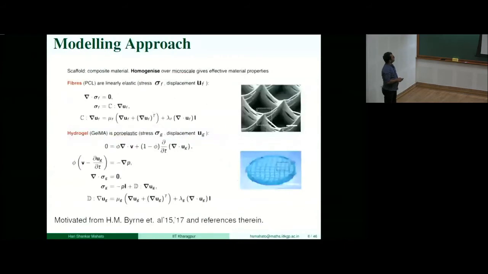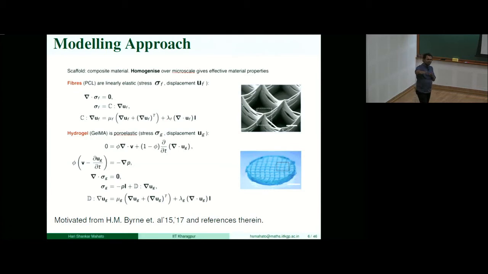Yes, the size does go to 0, because you cannot have very big cells where you have the fibers and hydrogels. Ultimately, you're trying to consider a smooth structure which behaves like a poroelastic medium when you are replacing it.